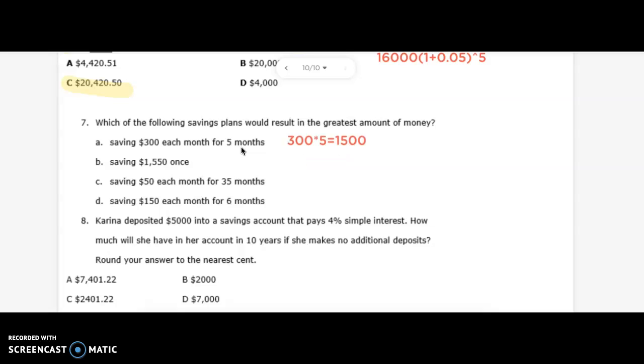The second one, well, it's just a one-time payment of $15,500. Okay. The next one is $50 times 35 months, and I'm not showing these calculations for the sake of time.